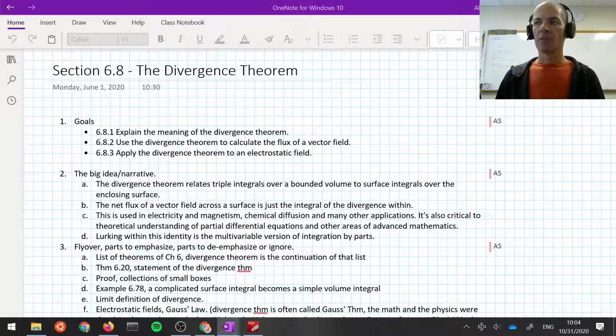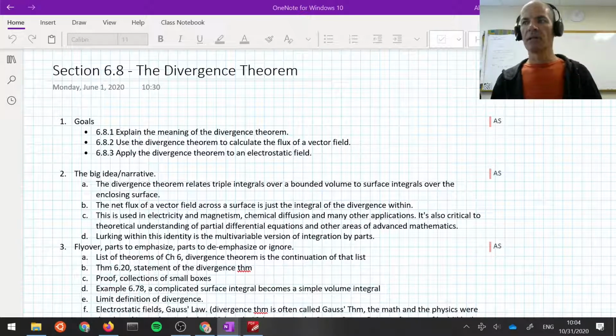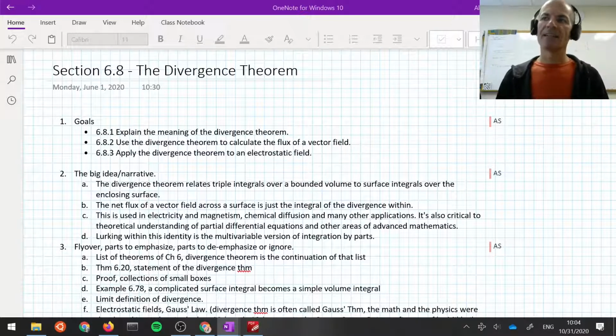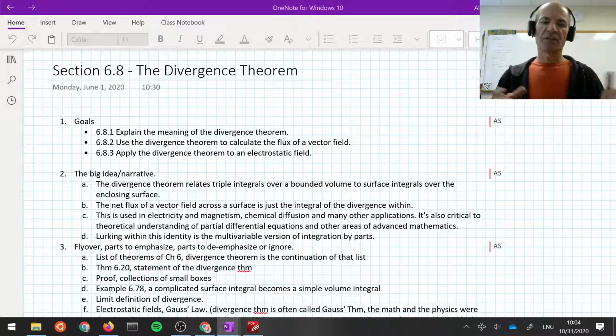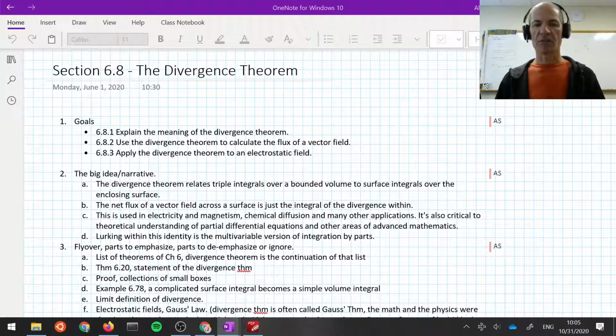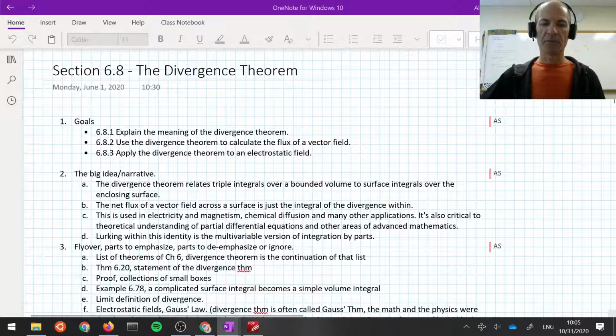The first official proof was done by a Russian, Mikhail Ostrogradsky, in 1826. And it is still important today, and it's one of the main reasons that we require Calc 3 for physics students, so that they are ready to go do electricity and magnetism, and to have this theorem at their disposal.